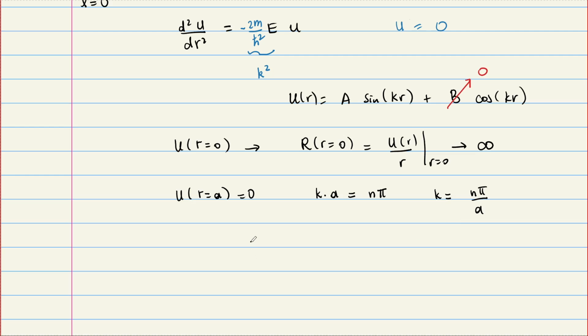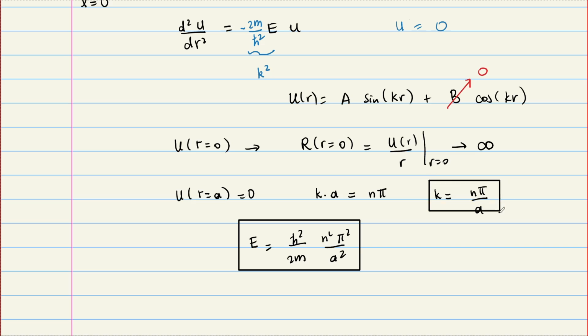This means our energies are E equals h bar squared over 2m times k squared, and k squared is n squared pi squared over a squared. This one is also important, so let me box that in.